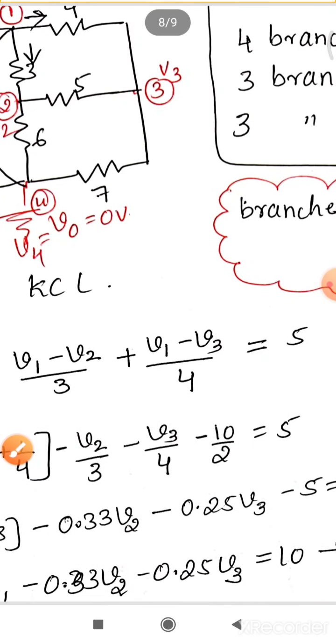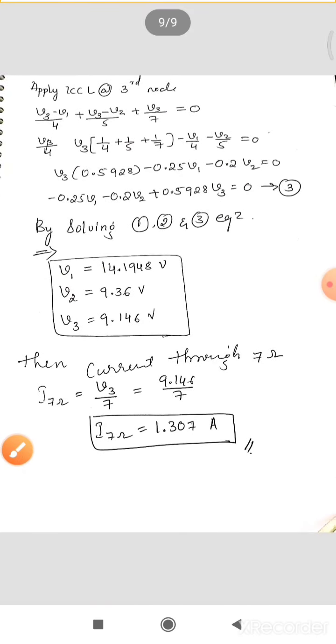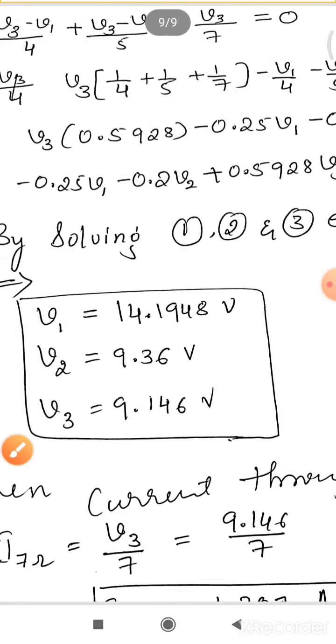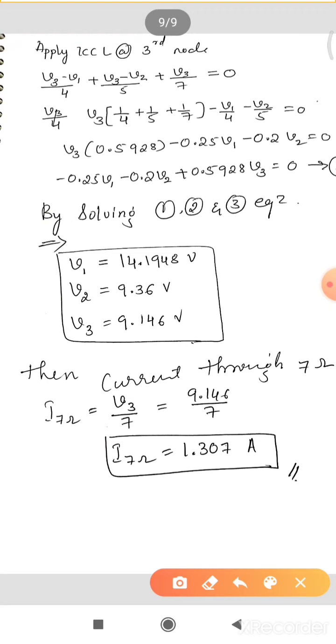Just simplify this. Observe, (V3 minus V1) divided by 4, (V3 minus V2) divided by 5, plus V3 by 7. So let's take V3 outside, 1 by 4 plus 1 by 5 plus 1 by 7, and you get minus V1 by 4 minus V2 by 5 equal to 0.